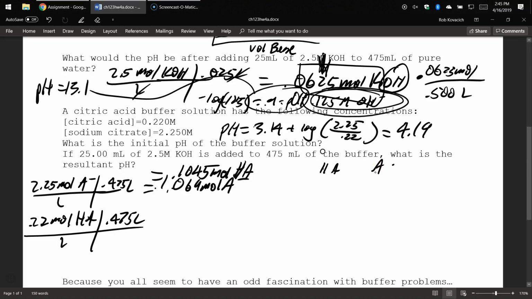So I'll just use that. So acid, salt, ICE. So this is going to be 0.1045 mole HA.